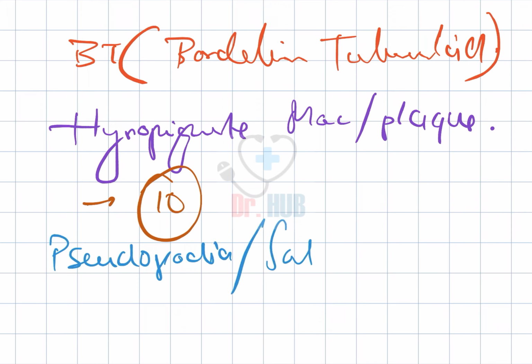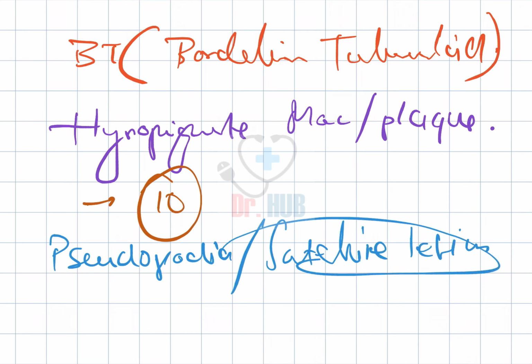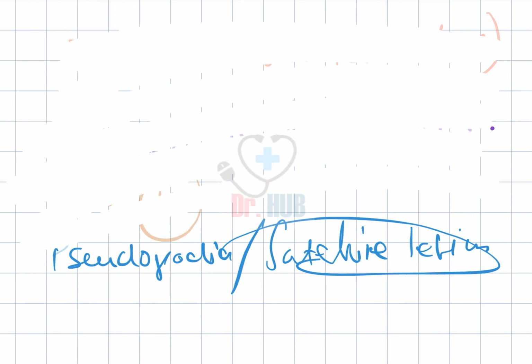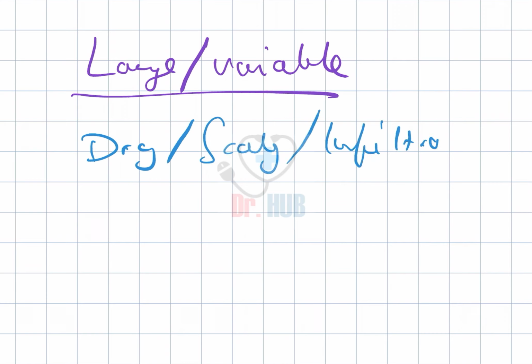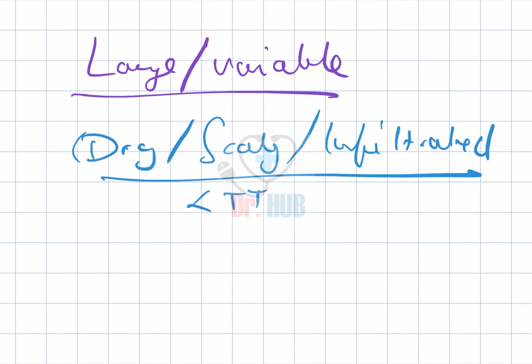It's also known as satellite lesions. Looking at the size, it is variable and mainly large. The skin surface is dry, scaly and infiltrated, but it is less compared to tuberculoid leprosy.